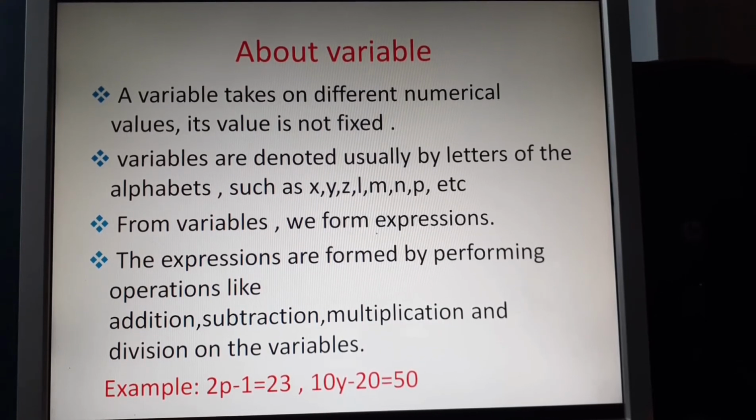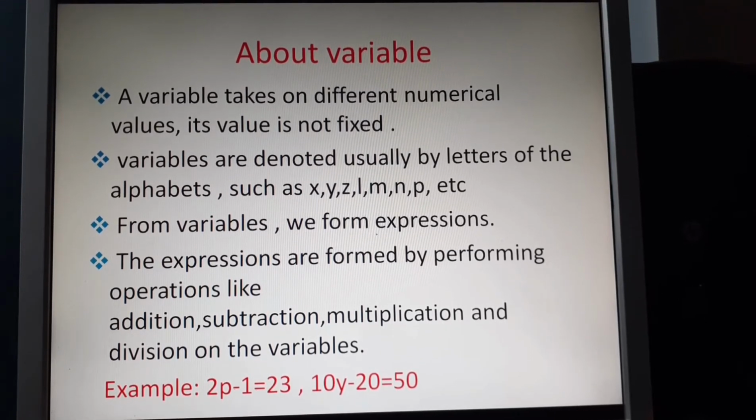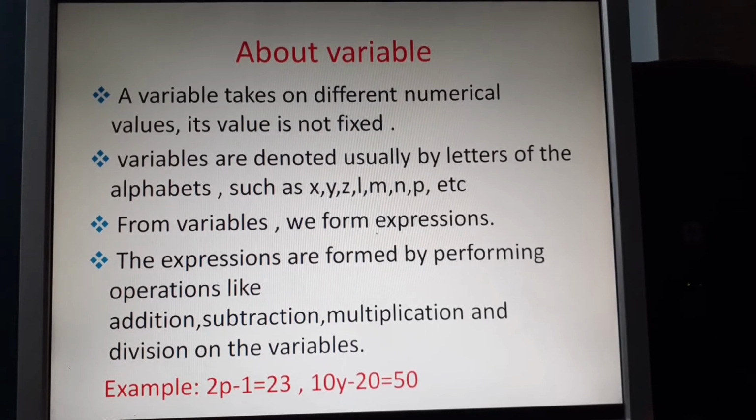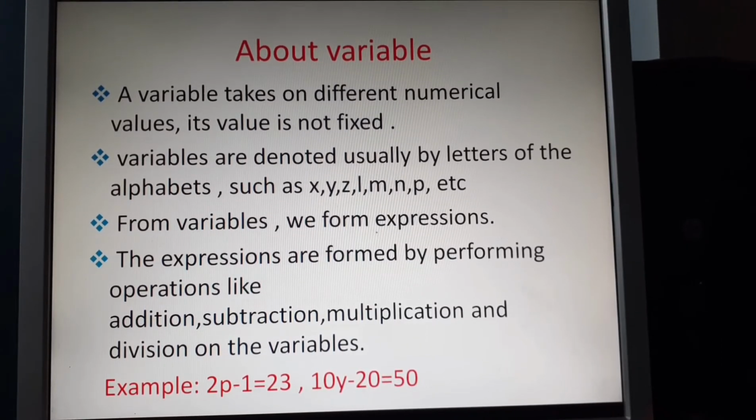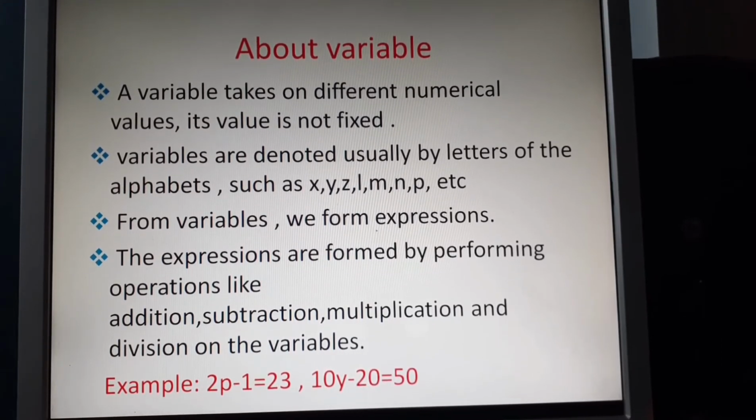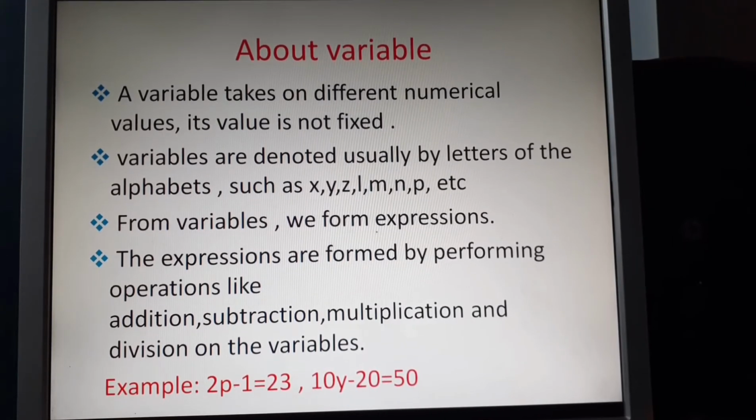See the first example, 2p minus 1 equal to 23. Here only one variable p is there. So this is called linear equation in one variable. See the another equation, 10y minus 20 equal to 50. There also only one variable y is there.